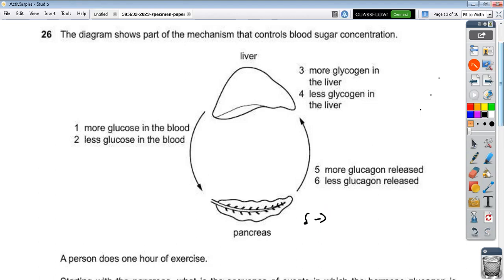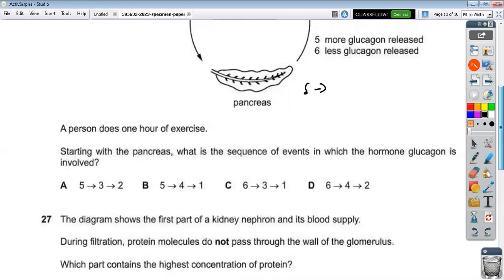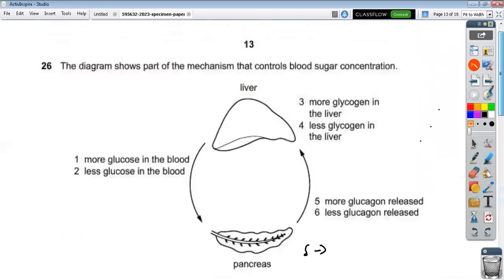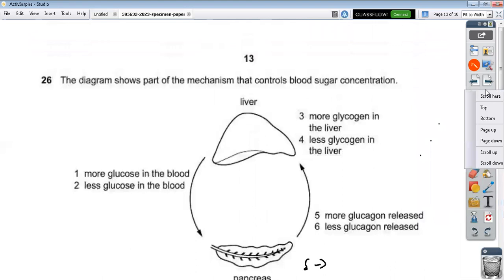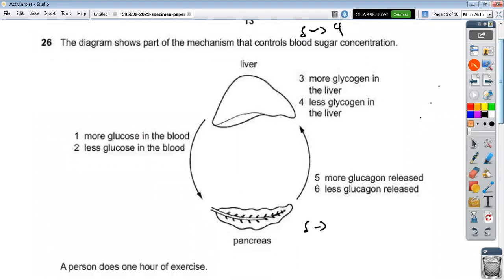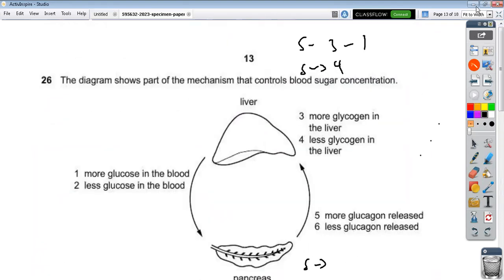Let's see what makes sense from the answers. We have 5, 3, 1, I think, and 5, 4, 1. Oh, okay, sorry. So which one makes sense there?